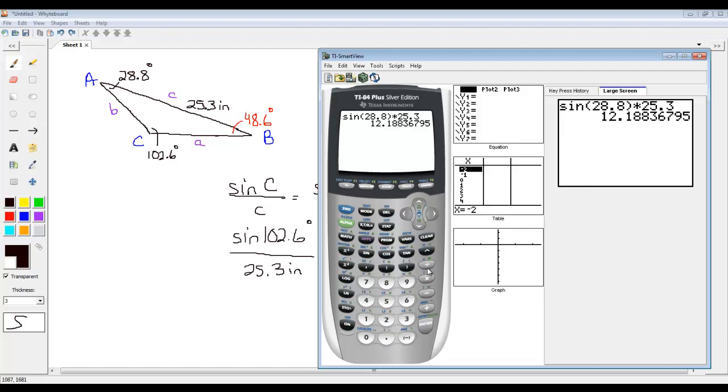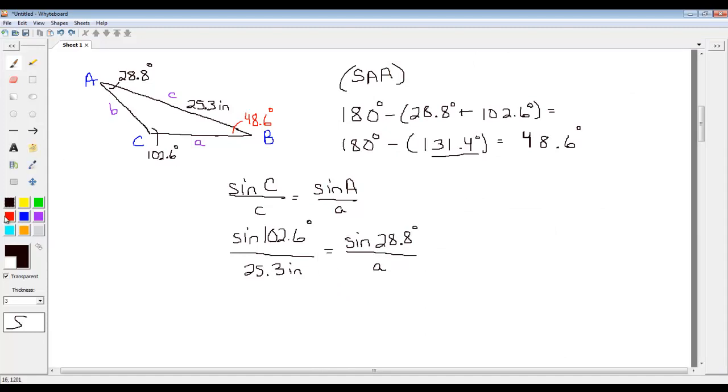And then I'm going to end up dividing by sine of 102.6. Let's see what I get. Okay, looks like probably round to tenths place, so you get 12.5 if you do that. Okay, so side A is 12.5 inches.